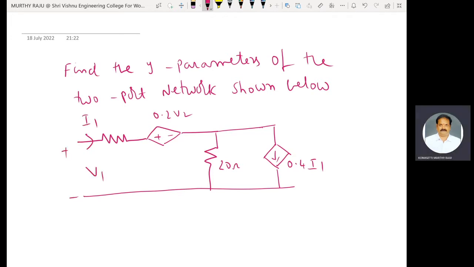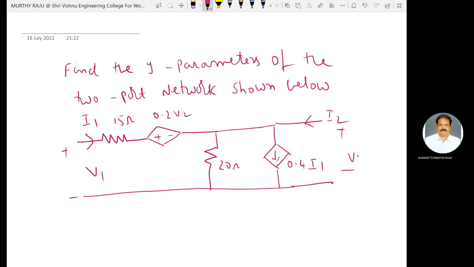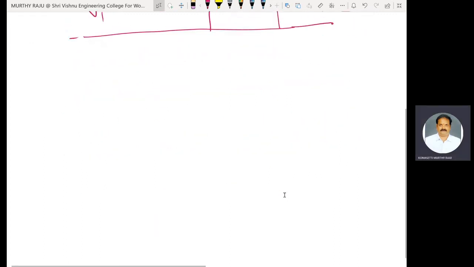This one is V1. 15 ohms, I2. This one is V2. This is the circuit. Solution.